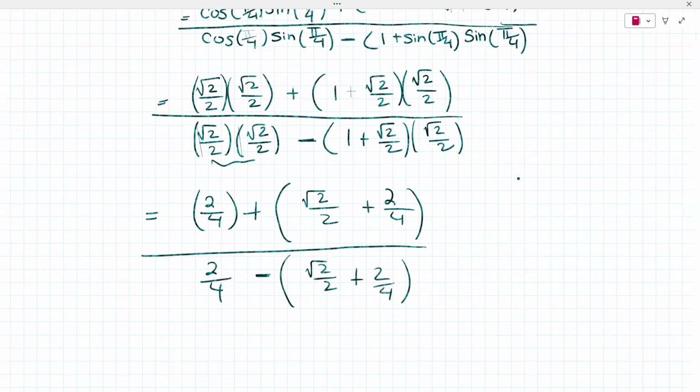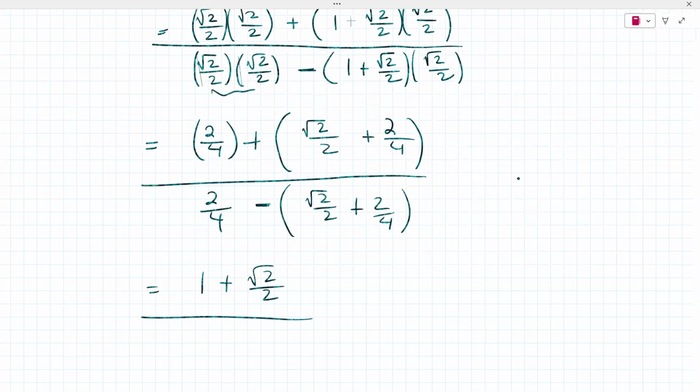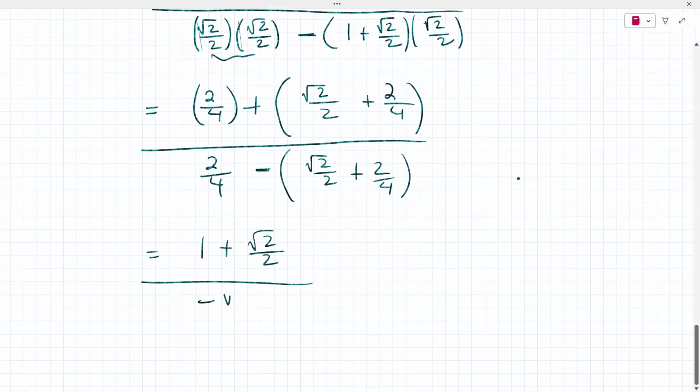Okay, and then you keep on cleaning it up, the numerator becomes 1 plus radical 2 over 2 over, and then when you clean up the bottom, you're going to get negative square root of 2 over 2. Okay, you have a complex fraction.